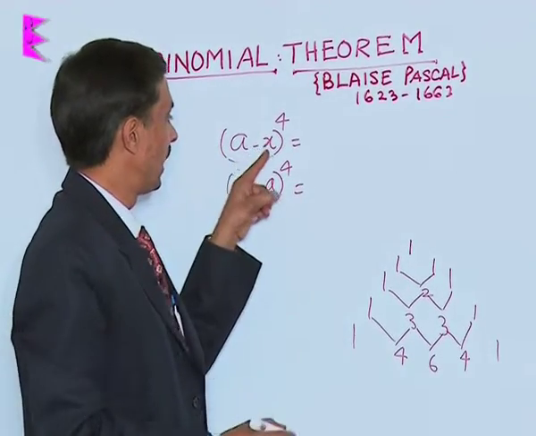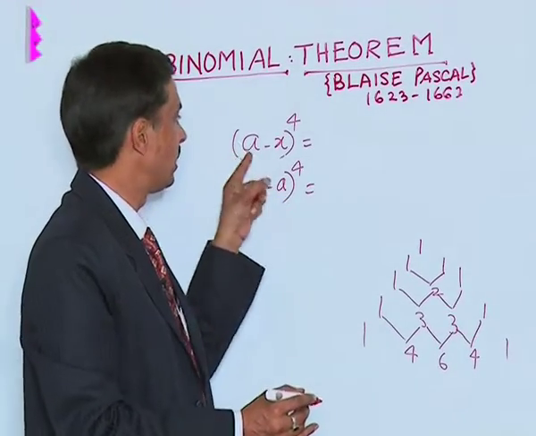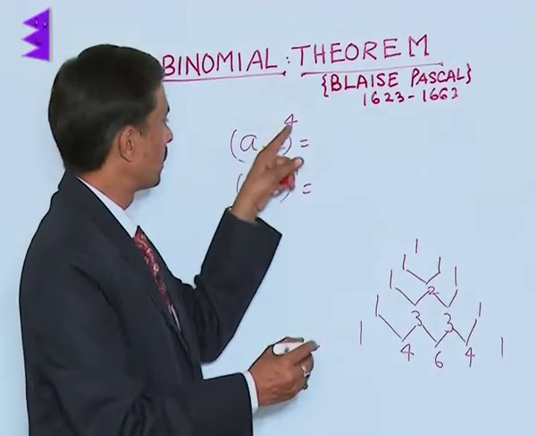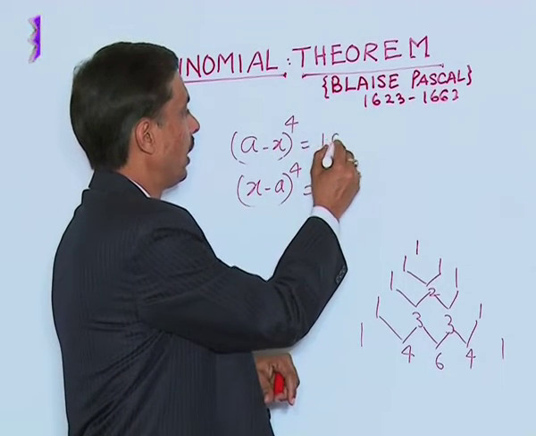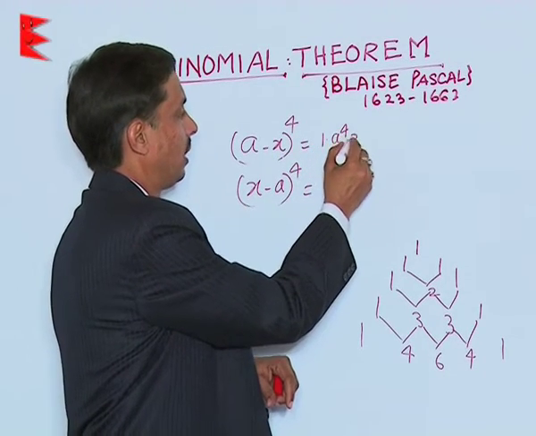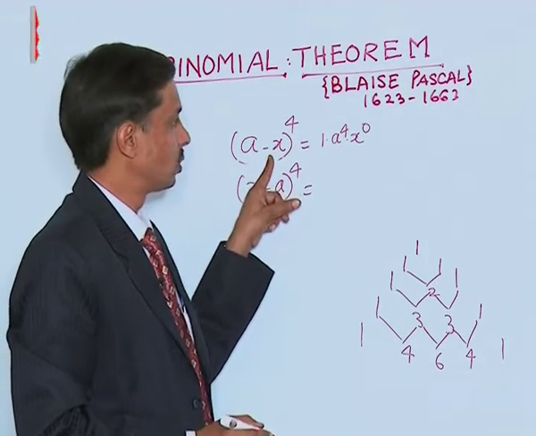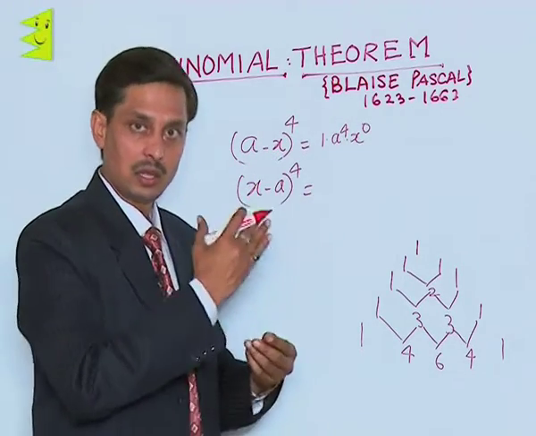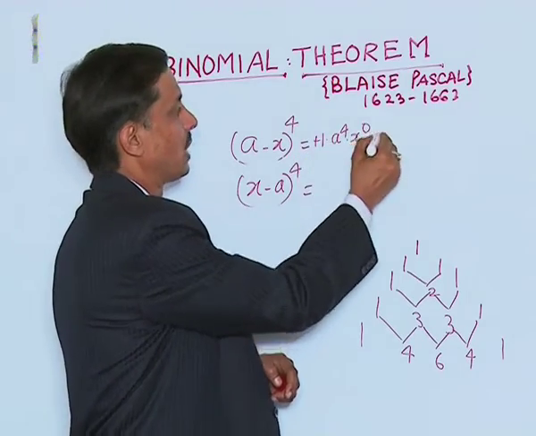Only thing is that x is negative, so we will start with the 0 power of x and highest power of a. Its highest power can be 4 only, so this becomes 1 into a to the power 4 and x to the power 0. As I told you, it is negative in x, so that's why I will take the powers of increasing x. First term is positive, second is negative.